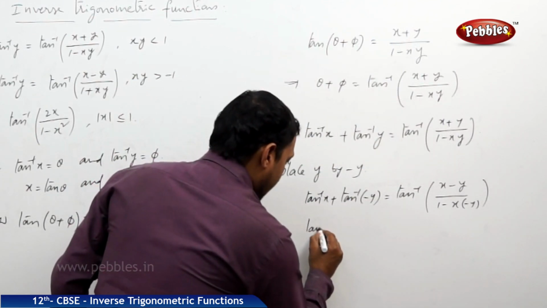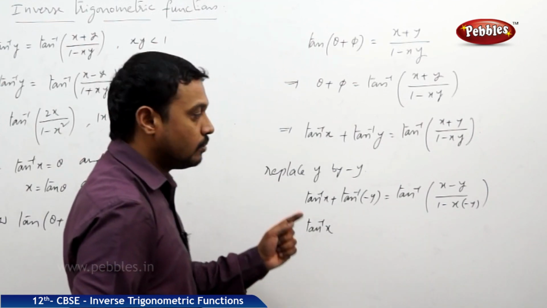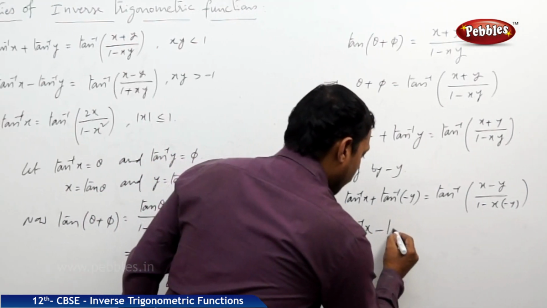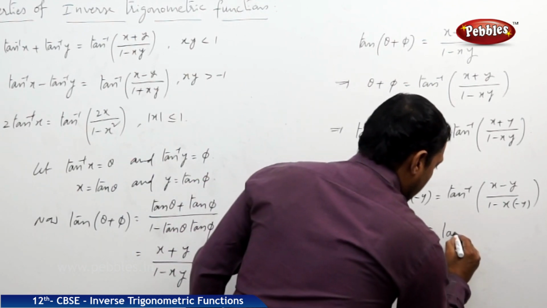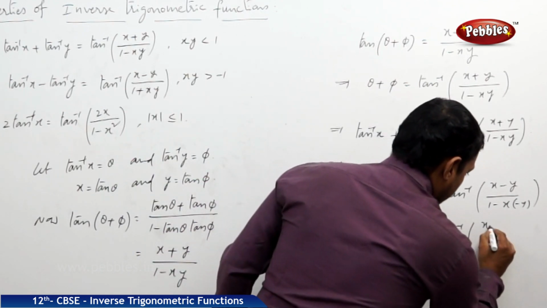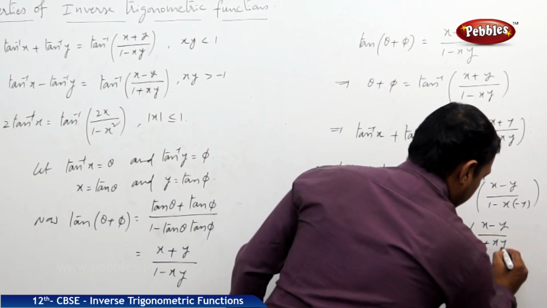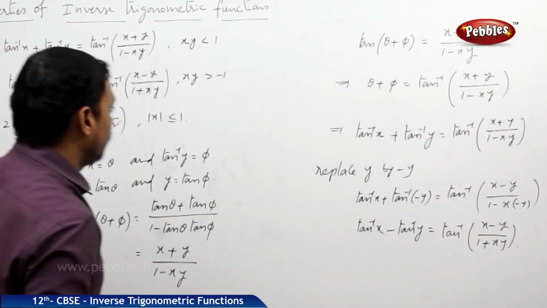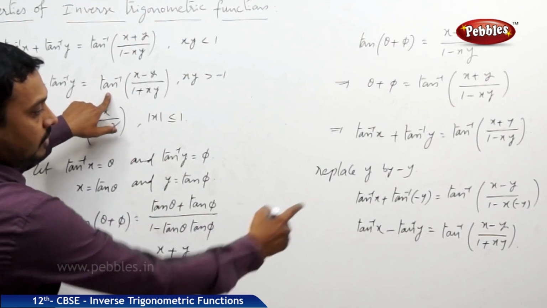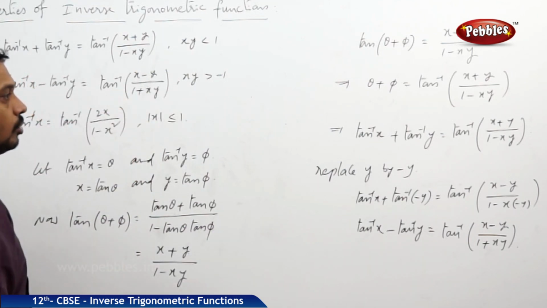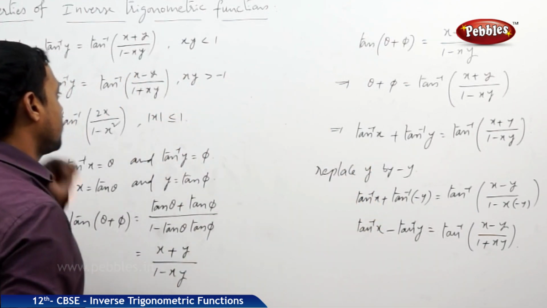You know tan inverse of minus y is equal to minus tan inverse y; it was already proved. So this is equal to tan inverse of (x minus y) by (1 plus xy). Therefore, tan inverse x minus tan inverse y is equal to tan inverse of (x minus y) by (1 plus xy). The second property is also proved. We just replaced y by minus y in the first property.